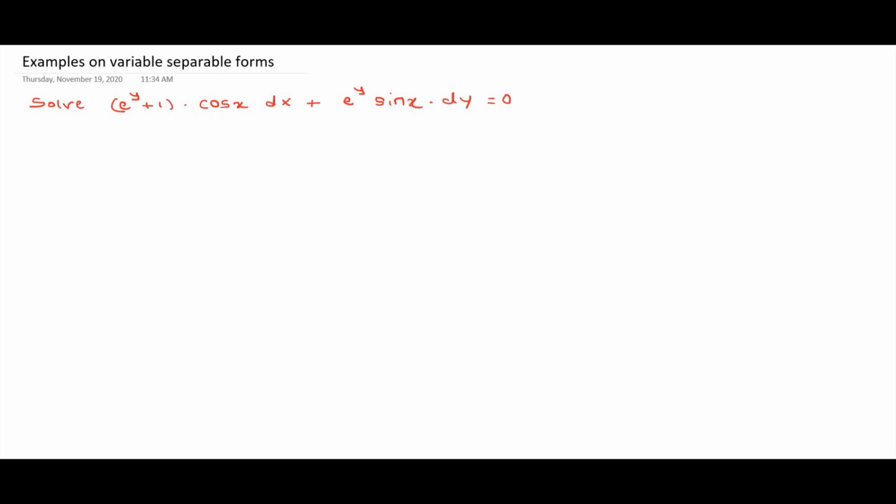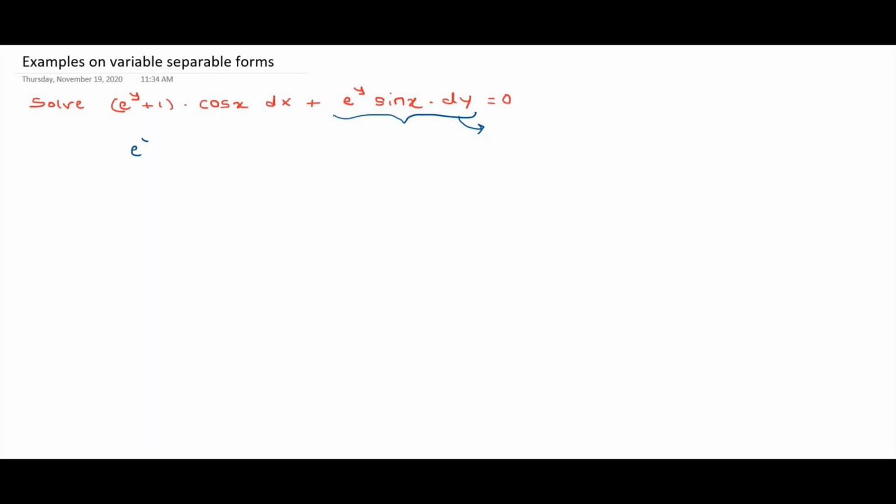So try to separate the variables. Try to separate the variables means collect the term containing x and dx on one side and y and dy on the other side. So for this, I will transpose this second term to the right hand side. What you will get?